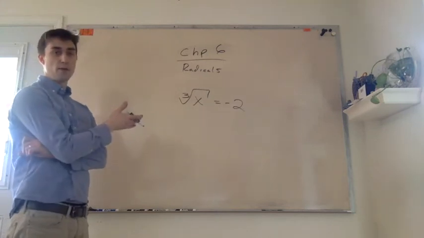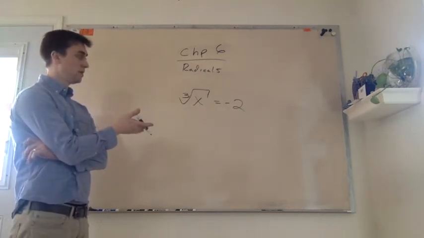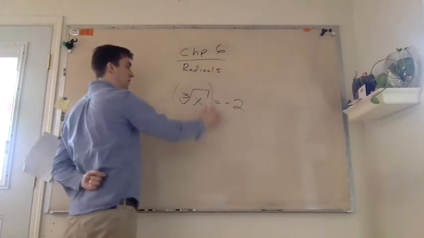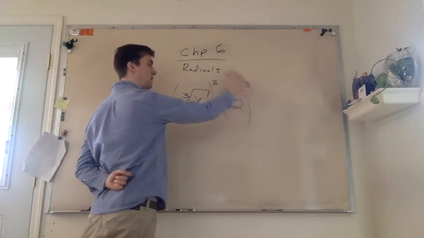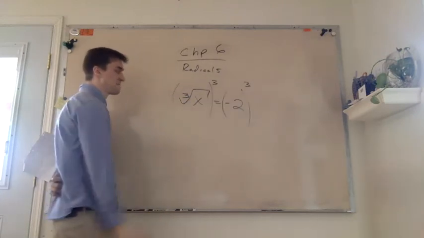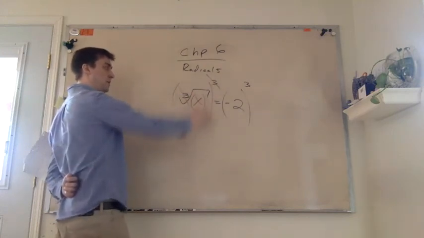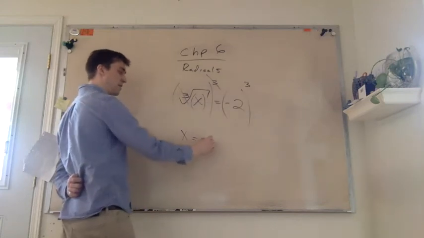This is a radical equation. It contains a cube root. So to solve this, you can cube both sides. To get rid of a cube root, raise it to the third power. If you raise that side to the third power, you have to raise this side to the third power. Cube root to the third power cancels, and you're just left with x. Over here, -2 to the third power is -8.